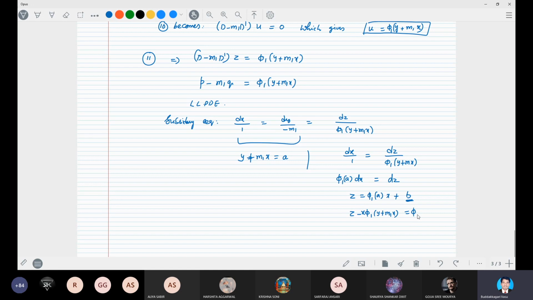That is also we can write as phi 2 of a. So z is equal to x into phi 1 of y plus m1x plus phi 2 of y plus m1x. Any doubt in this?